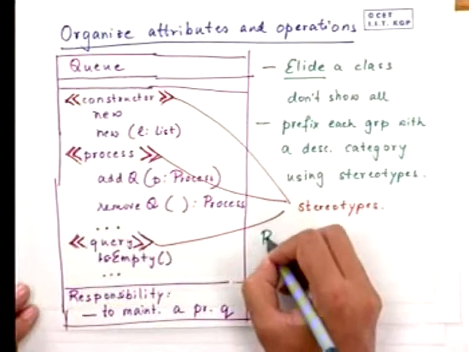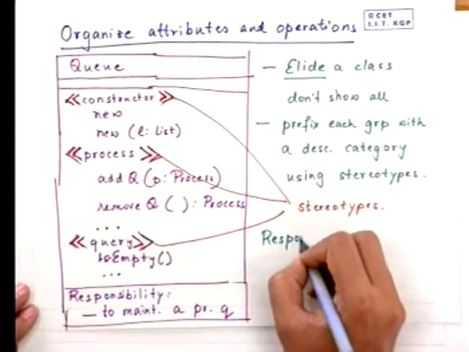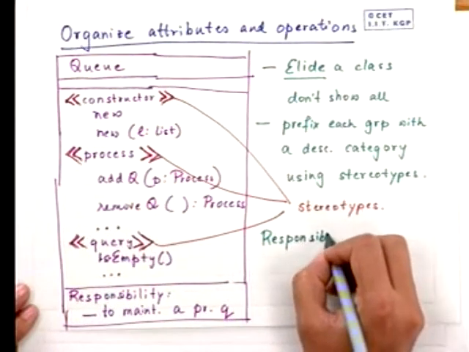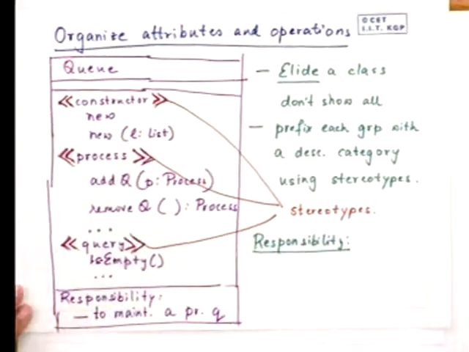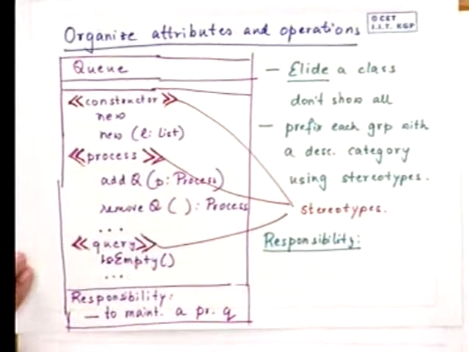And also associated with an object, we can write the responsibility in another box at the bottom of the object, and responsibilities specify a contract or an obligation of a class.